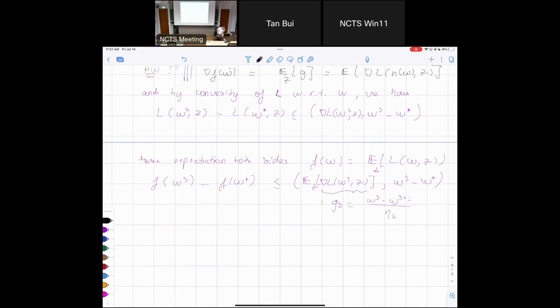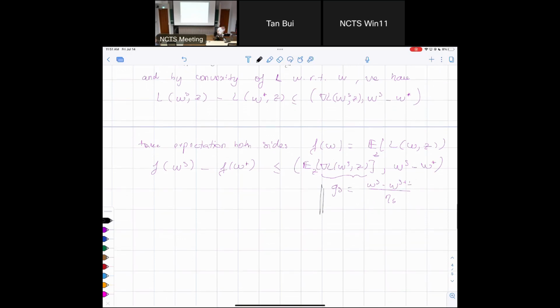If we do the substitution, you immediately get the expectation of (W_S minus W_{S+1}) over eta_S, multiplied by W_S minus W star.